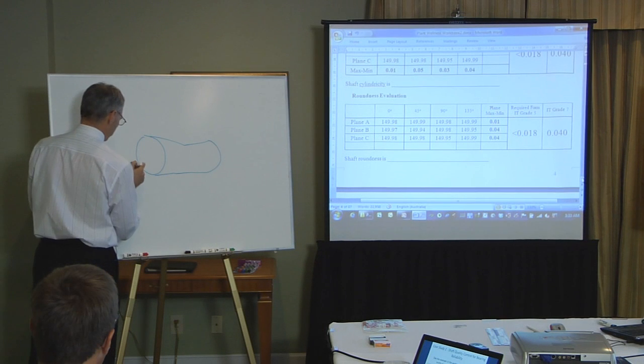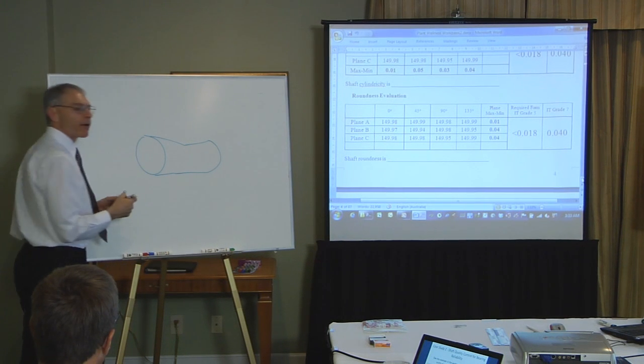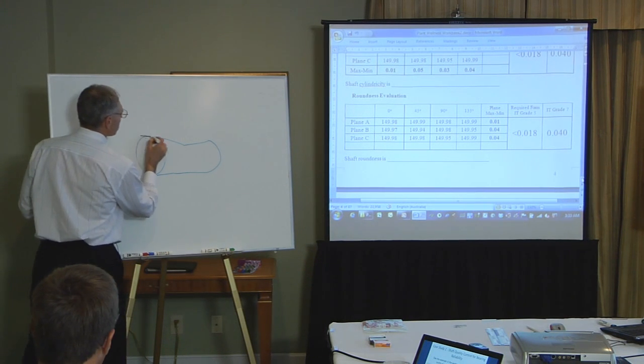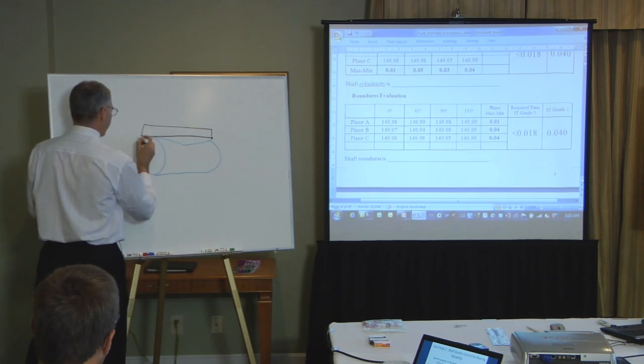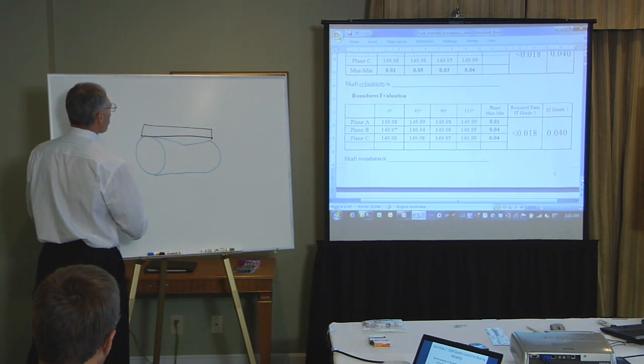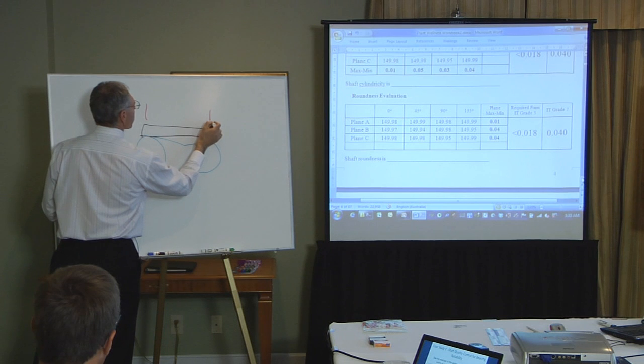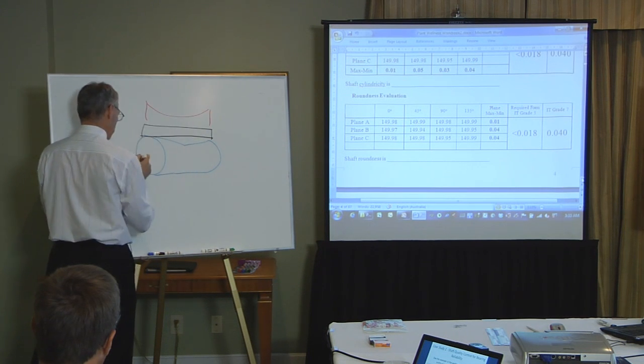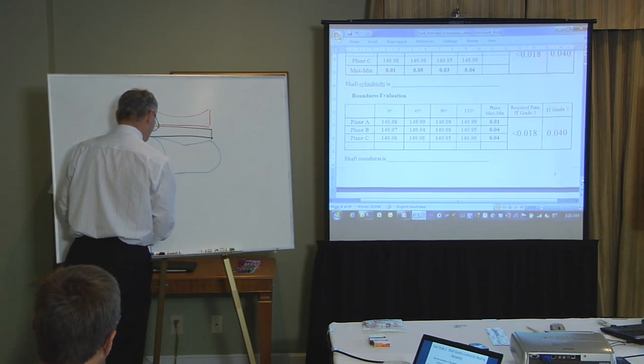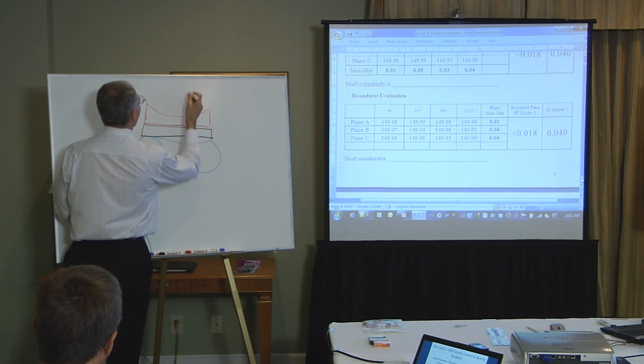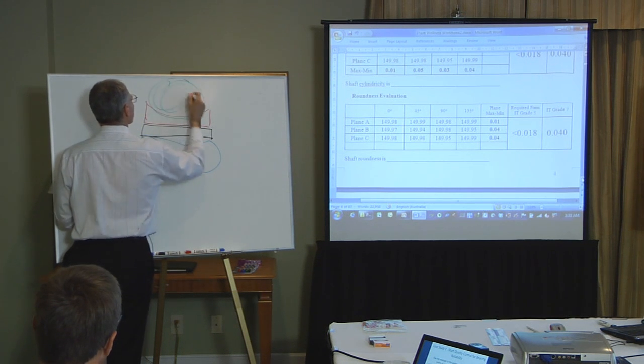Fundamentally, this shaft looked like that. So when the bearing sleeve went on, the sleeve went on like that. On the top here was our outer raceway that sat on the sleeve, and of course we had our rolling element in here.